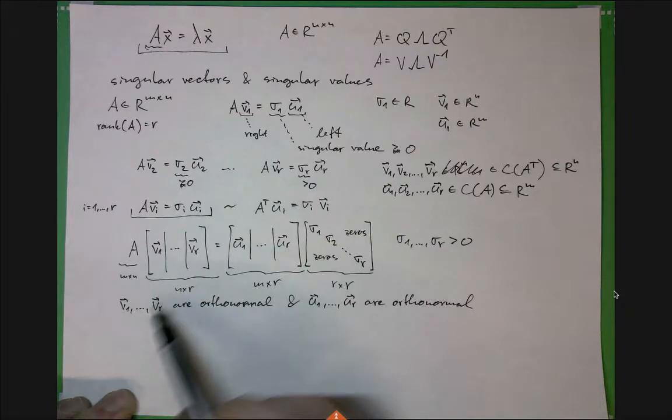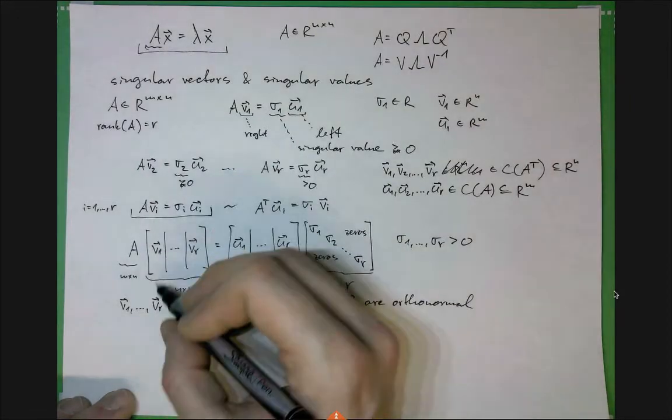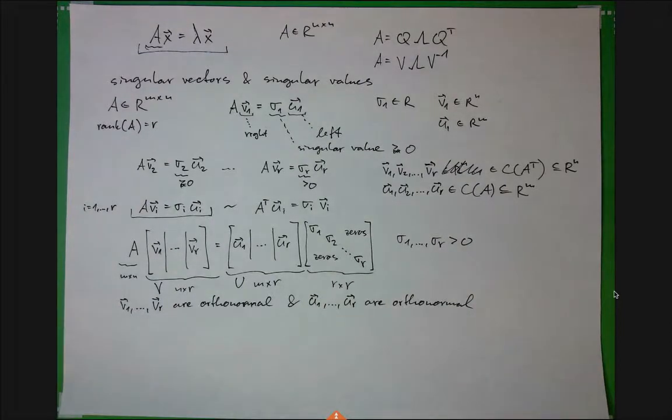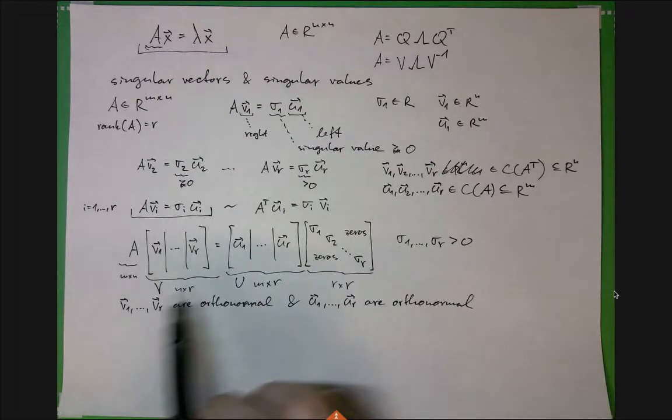In matrix language, how would I say it? If I said this is a matrix capital V and this is a matrix capital U, what would I say about the matrices V and U? I would just say that they have orthonormal columns, right? I cannot really say that they are orthonormal because they are not square.